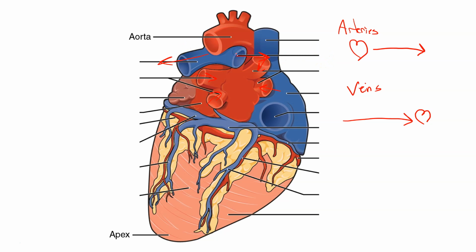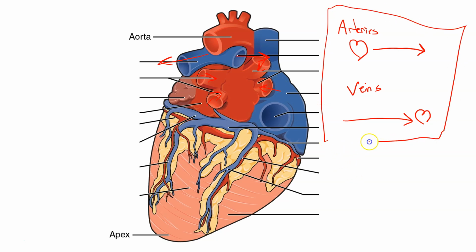But here's the big exception: the vessels that carry blood out to the lungs are going away from the heart, so they're called arteries. But they are going to the lungs, so they actually have oxygen poor blood, and vice versa for the veins. So keep this in mind, because this sometimes will trick students up.